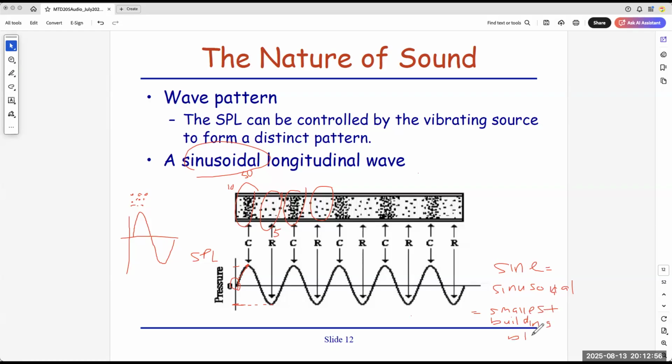This is very similar to the atom being the smallest building block in chemistry. All materials are built out of atoms.